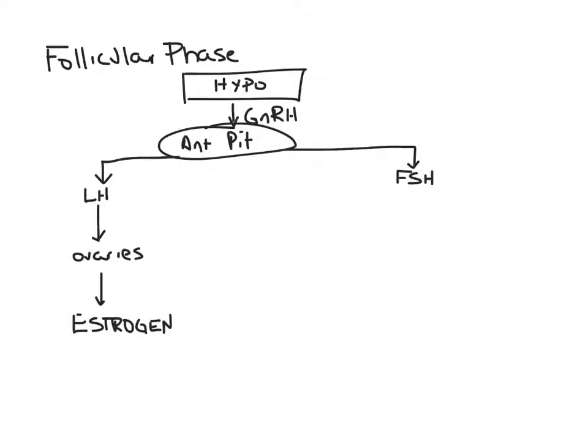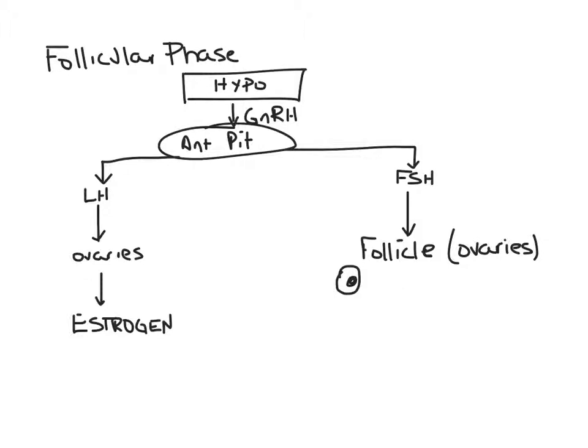Okay? FSH goes to a specialized area within the ovaries, and it's in the follicle region. So it goes to the follicle region, which is in the ovaries, and what you find is the follicle is where you would find a little piece of tissue and in the center of the tissue is an immature egg.